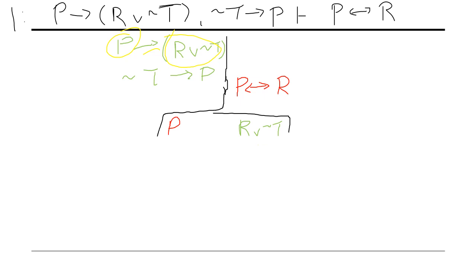The main operator here is the wedge. What are the rules for a true wedge? Either the left side is true or the right side is true. Again, it's an or statement, so we're going to branch off. We'll put R here, not T here.